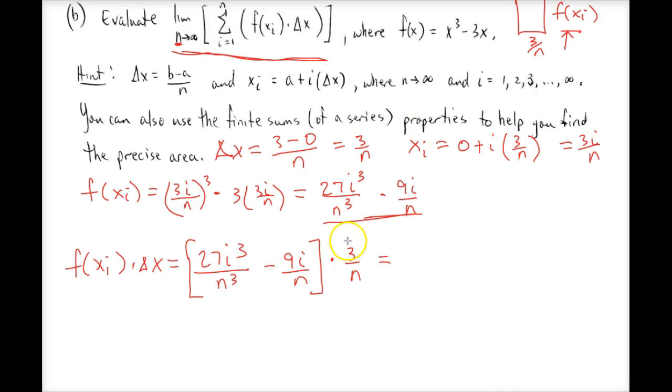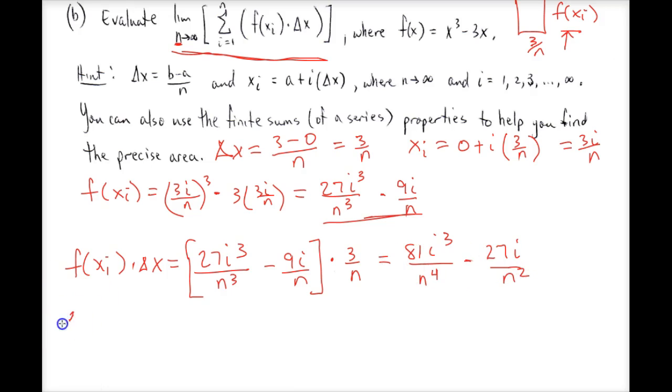And so if we multiply the 3 divided by n into there, we will have, I believe, 81i squared over n to the 4th minus 27i divided by n squared.